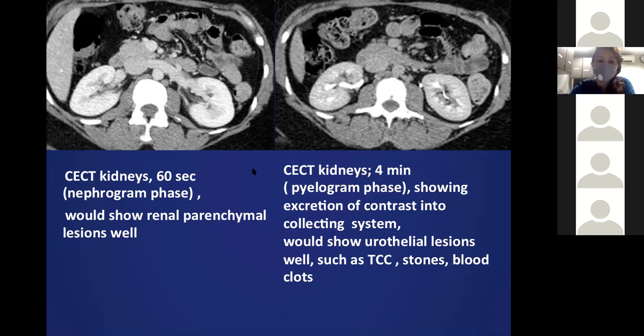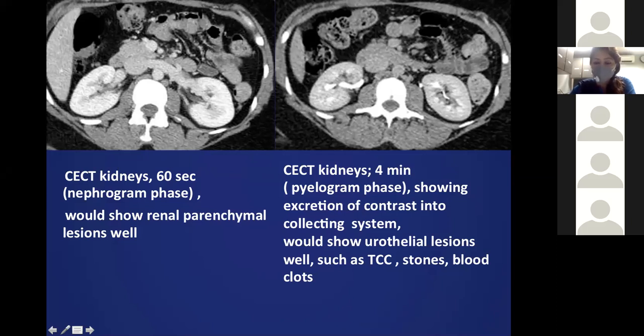You don't need to know the exact timings, but you need to know the phases. There are two phases. The first is the nephrogram phase, in which we see the enhancement of the renal parenchyma. And the second phase is the pyelogram phase, in which we see the contrast within the pelvic calyceal system. So that if there is any filling defect, we can well appreciate it on the pyelogram phase.